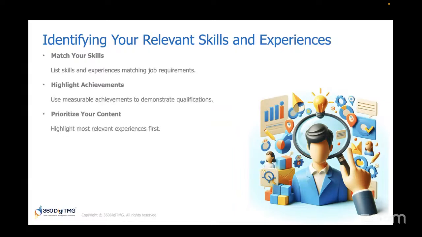Then prioritize your experiences or skills according to the particular description. Please mention the relevant experiences you have first. First mention the relevant skill and experience, then the relevant experiences you are getting right now.